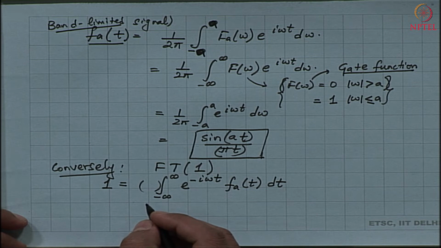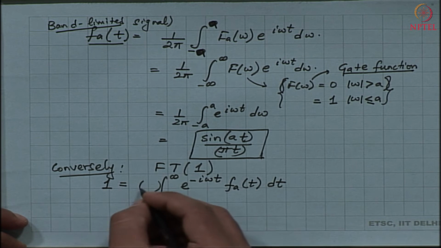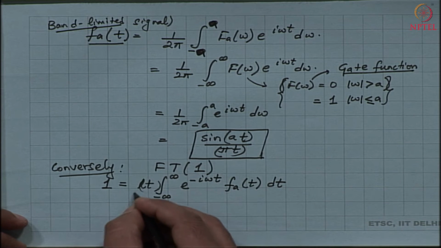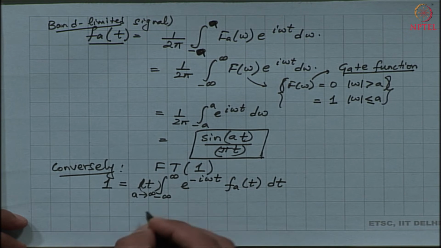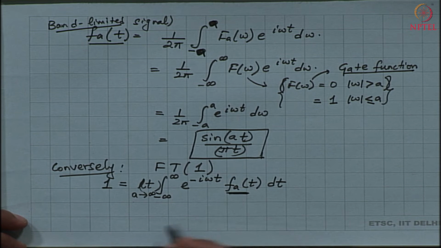Okay, then we are going to take the limit of this integral for a going to infinity. So, we are going to take the limit in this function, a going to infinity. So, notice what happens.